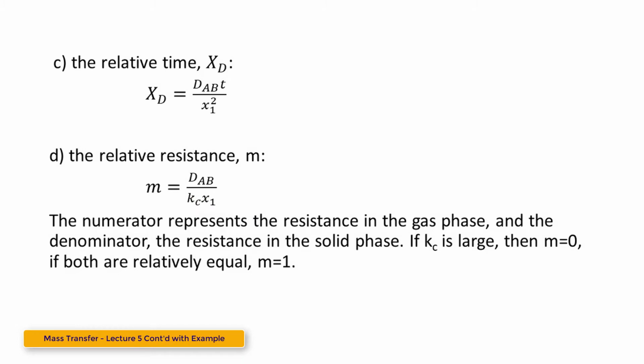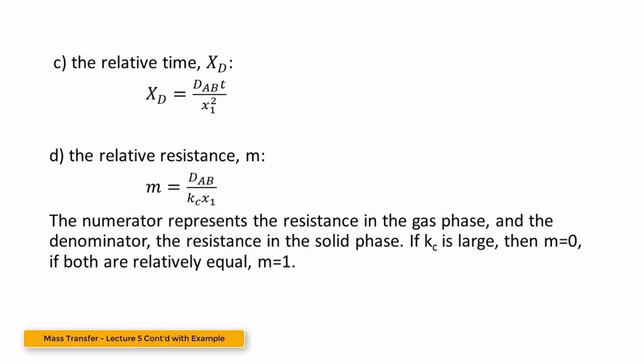Okay. So if Kc is large, then just from here, m is equal to 0. If Kc is large, it means that the resistance in the gas phase is negligible.